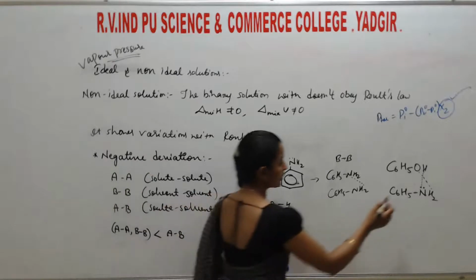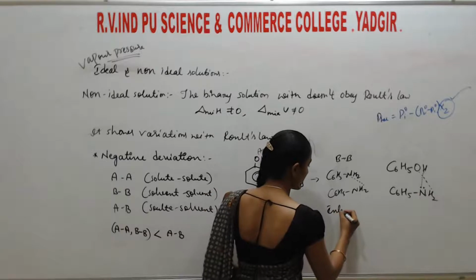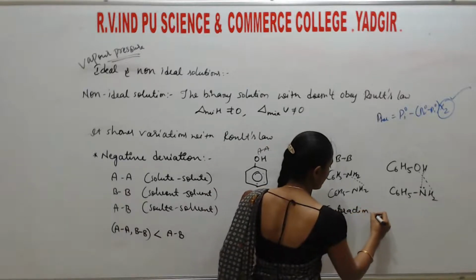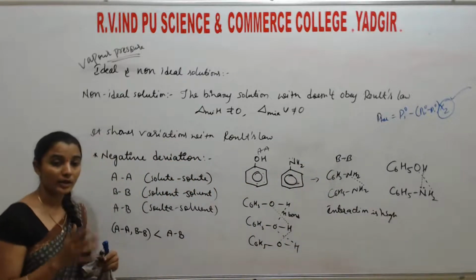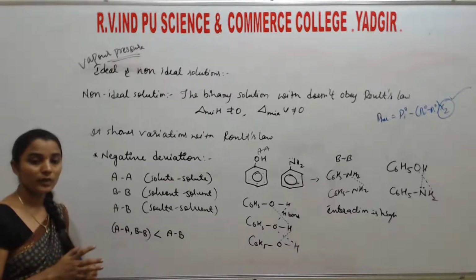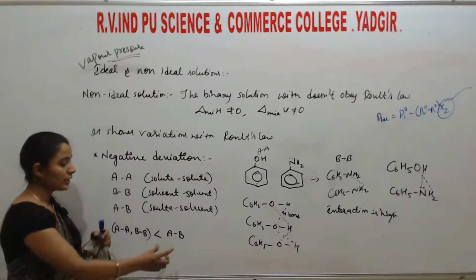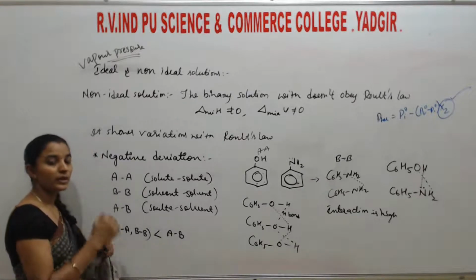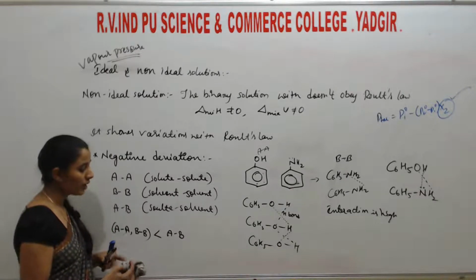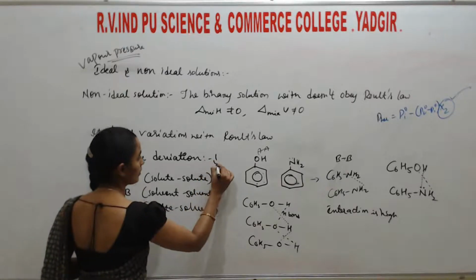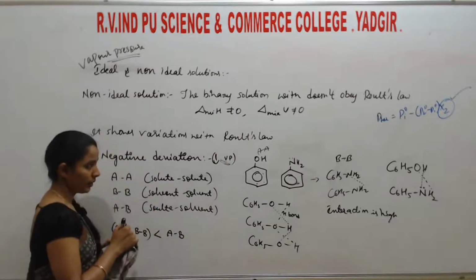Because of the lone pair of electrons, the interaction is very high. If the force of interaction is high, they form a strong bond between them. If the bond is strong, the molecules cannot easily escape, so the density of vapors over the solution decreases. This results in decreasing vapor pressure.